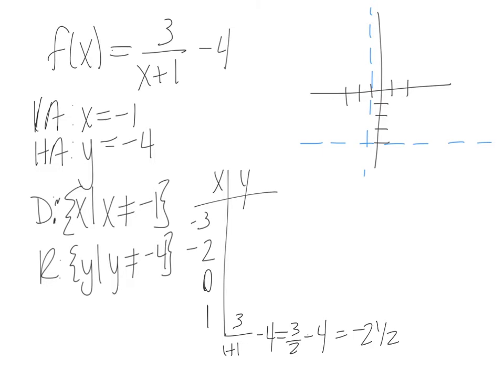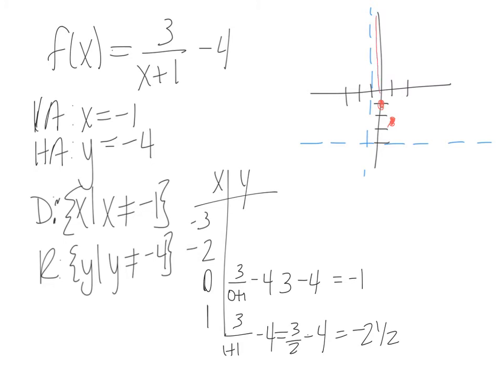So that point is 1, -2.5, about there. And when I plug in 0, I get 3 over 0 plus 1 minus 4, which is 3 minus 4, which is -1. So 0, -1.